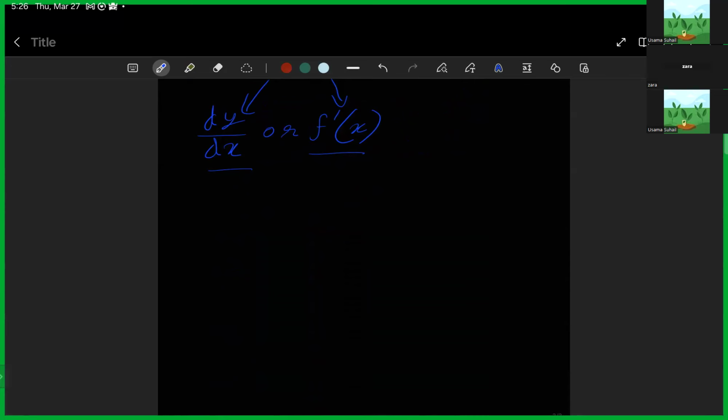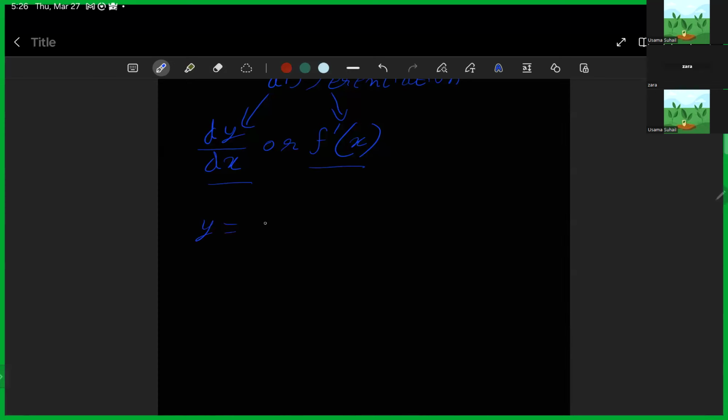Now moving forward, what you might have studied is, let's say that y equals x to the power of n, then dy over dx will be equal to n x to the power of n minus 1. This is something that you might have studied.